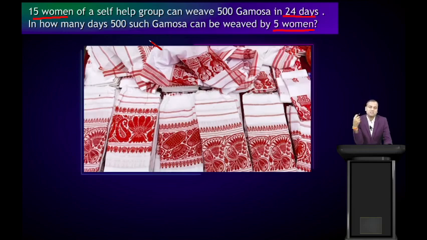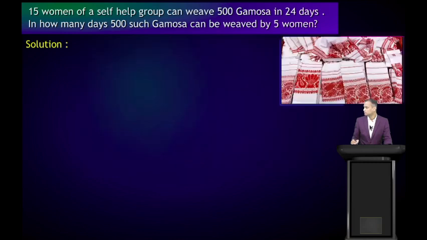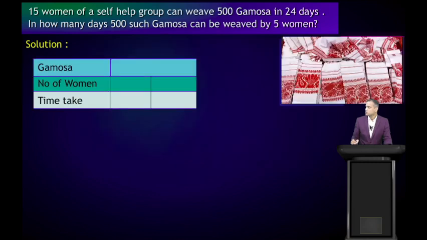So let's check. First, see, this is called gamosa. It's a very favorite attire of Assam. So how can we solve this one? First, make a table. It is given gamosa, because the number of gamosas is always the same, it is constant, 500.